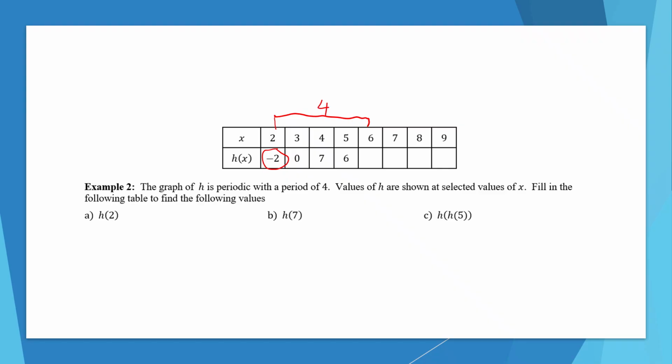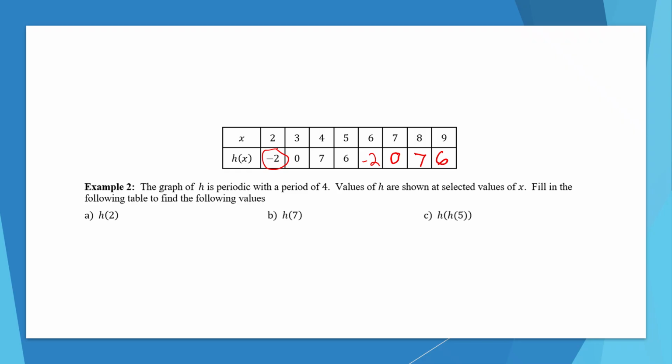So whether it's 6 or negative 2, it's always going to be that 4 units away will have the same y value, which means 6 should be negative 2 there. Same thing with 3, 4, and 5: if we have 4 units away from 3, which is at 7, that will have the same y value. And this pattern will continue, right? Negative 2, 0, 7, and then 6. And so that's going to be how we fill in the table.